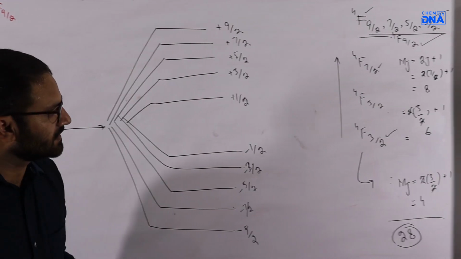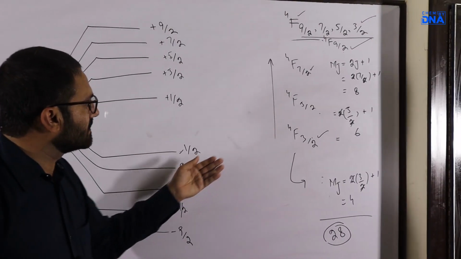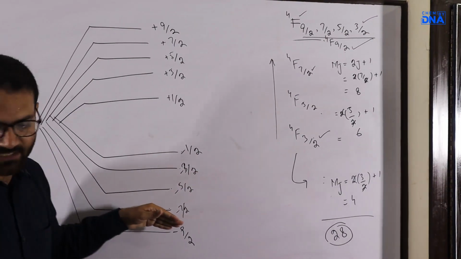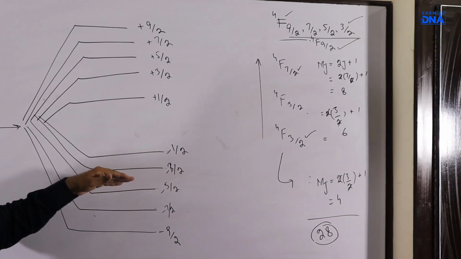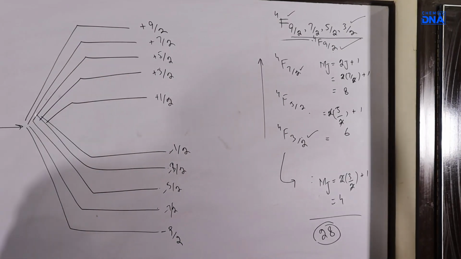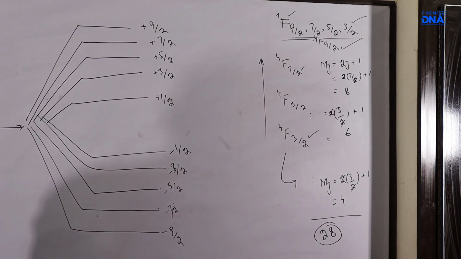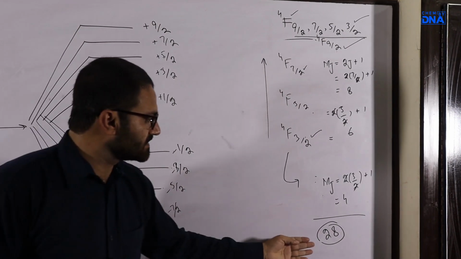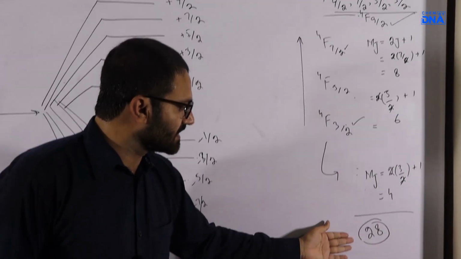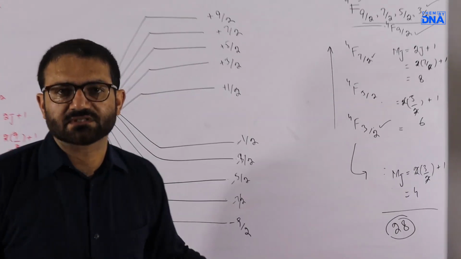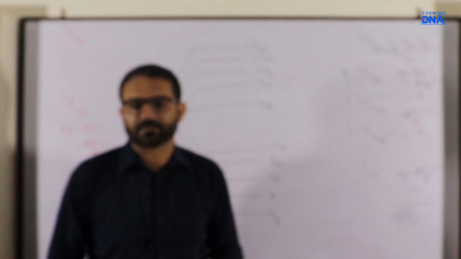And in spin orbit coupling, the degeneracy of the system is lifted, so you get the 28 energy levels in case of MJ or in the presence of strong magnetic field.